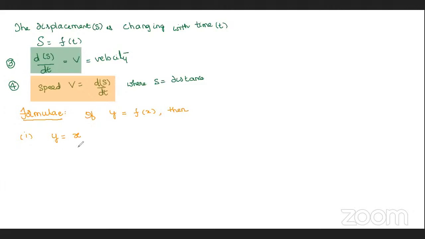Then what is the formula? Here I am finding the change of y. This is a common formula. In this formula, every time you have to substitute the value given.